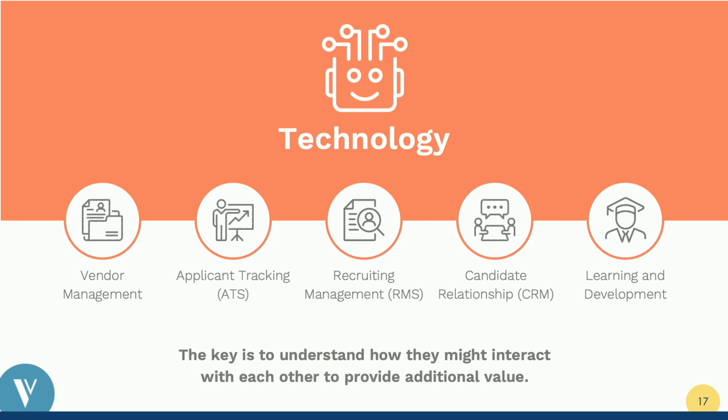And a lot of times when you have a vector or a VMS system, you can actually use a payroll vendor. And that's a reduced markup because you've done the recruiting yourself. So when you have all the technologies integrated together, it does help with operational efficiencies and recruiting efficiencies.